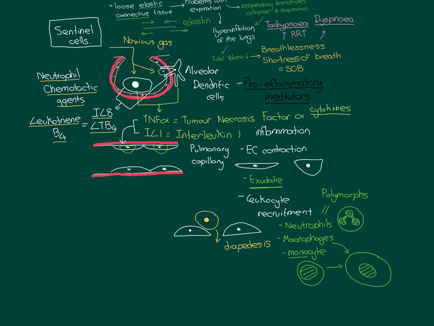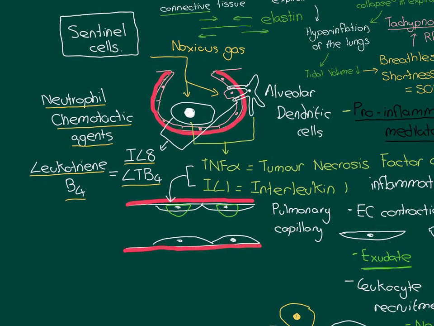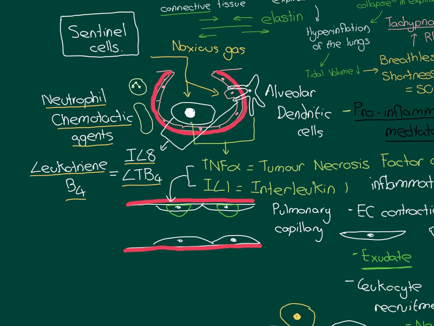You're going to end up with lots of these neutrophils and macrophages. And I will just draw these on here. So onto my picture here, I'm going to add in, here is a neutrophil, like so. And then here, this is a macrophage.